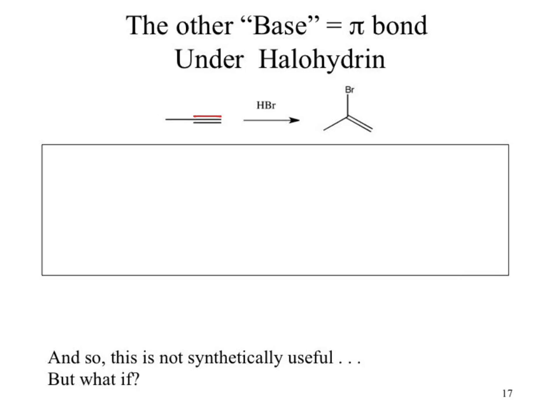We took those pi electrons and bonded them to our hydrogen. And then we took the electrons from our bromine and bonded it to the carbocation that formed. Right? So same type of reaction, except now all we're doing is reacting one pi bond.